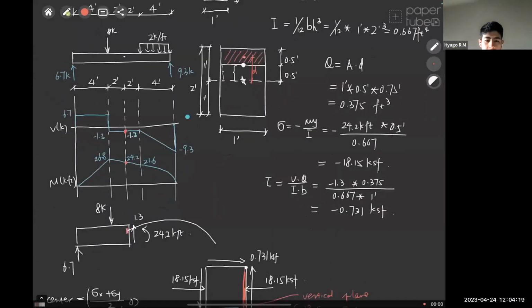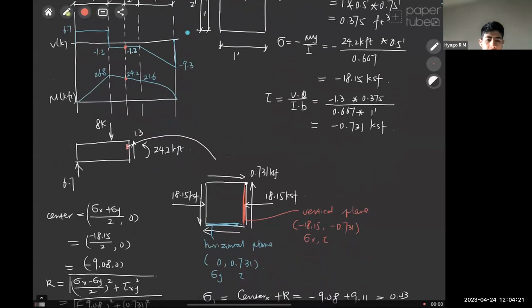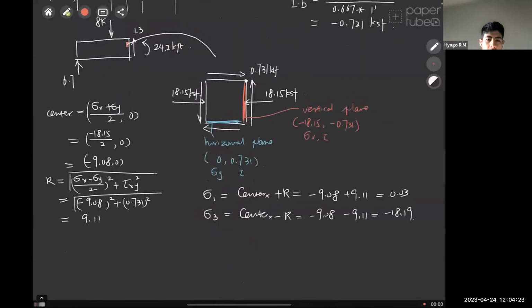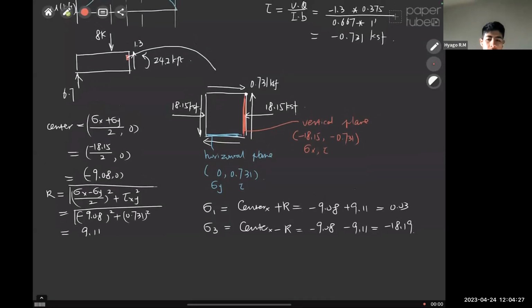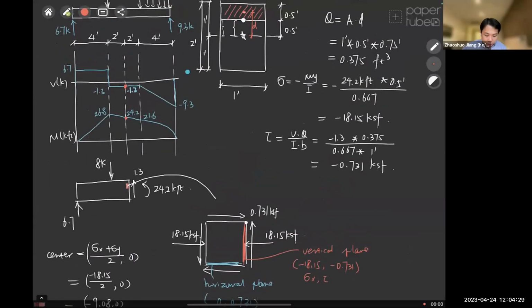Let's see, go down a little bit. Right there, the 1.3, and we have the 24.2 kips per foot. Oh, okay. So if you look at this, this is 1.3, the shear, and the moment is 24.2. It's directly from the shear moment diagram. Oh, okay. Make sense? Yes, thank you.